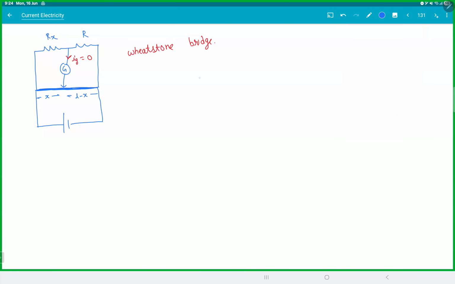Then we can simply use Rx by R equals resistance per unit length R0 by L into X, divided by R0 by L into L minus X. You end up with Rx is equal to R into X by L minus X. There. If I just know the lengths, I can find the unknown resistance.